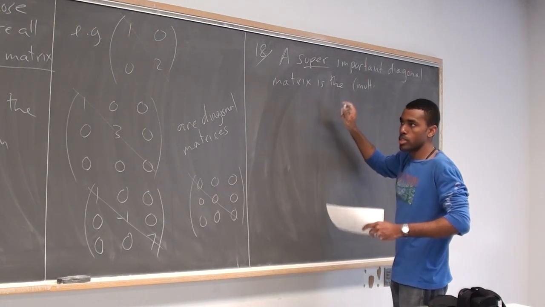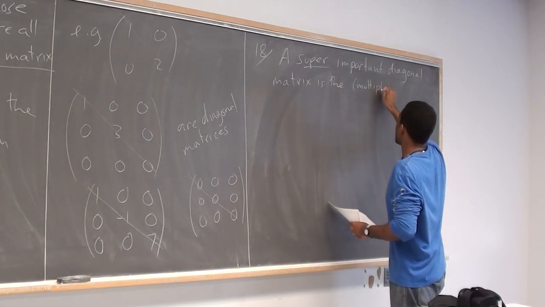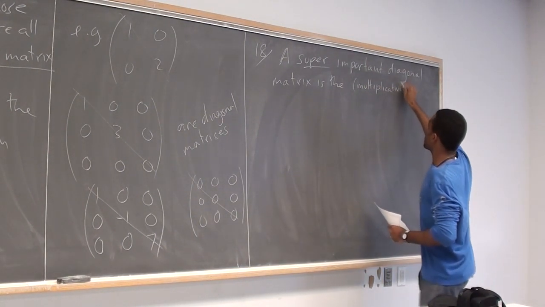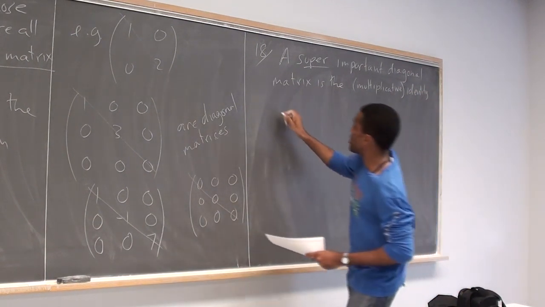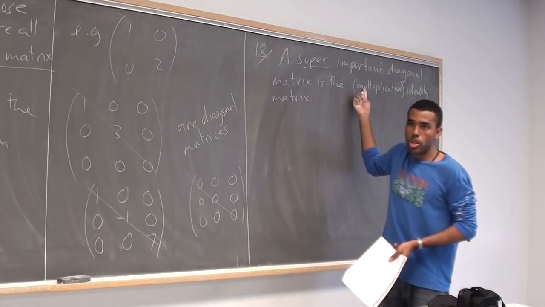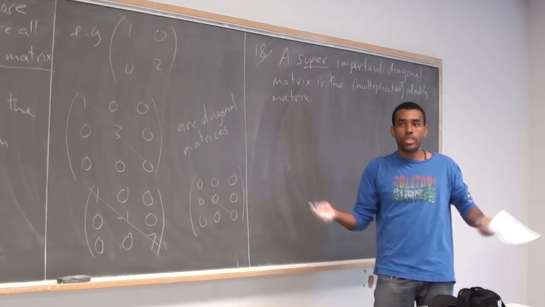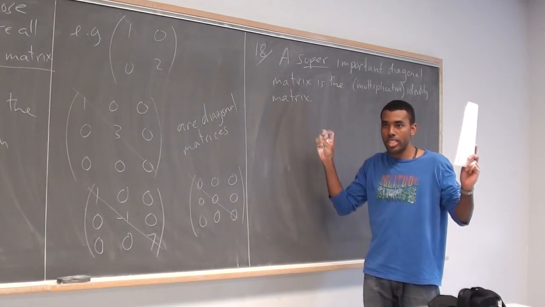The zero matrix was the additive identity; this guy is the multiplicative identity matrix. You usually leave out the word multiplicative. If someone says the identity matrix, this is the matrix they're talking about. If they mean the additive identity, they'll call it the zero matrix.